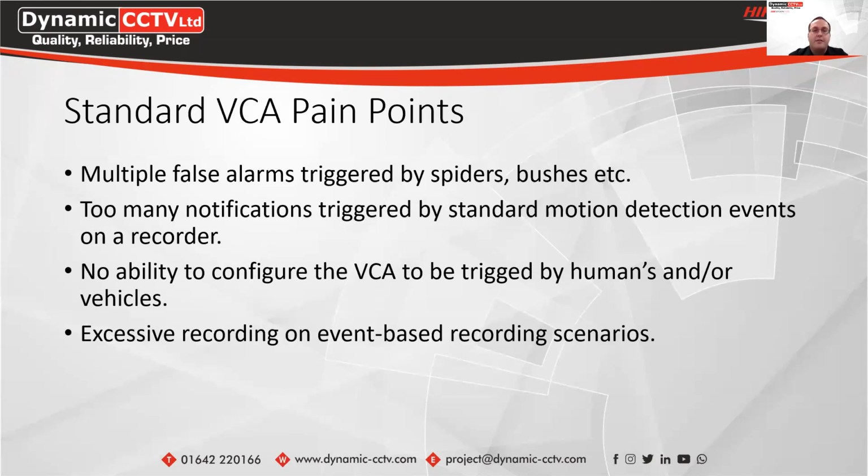And, for example, a lot of systems generally rely on either continuous recording or motion event recording to try and save on storage usage. When using standard motion detection, you can get a lot of excessive recording on your event-based systems, but this is kind of resolved with the new Acusense 2.0 range, which has the new motion 2.0 as well, which we're also going to look at today.